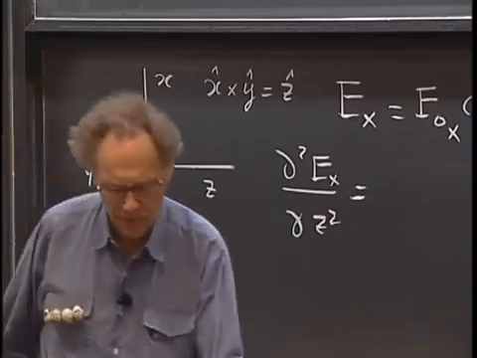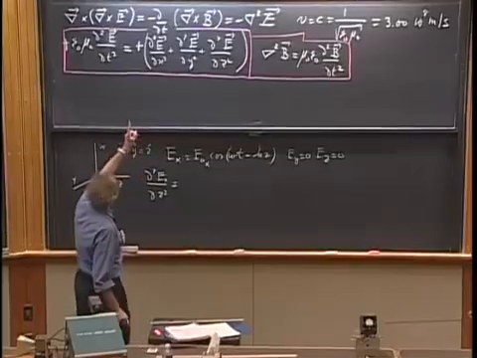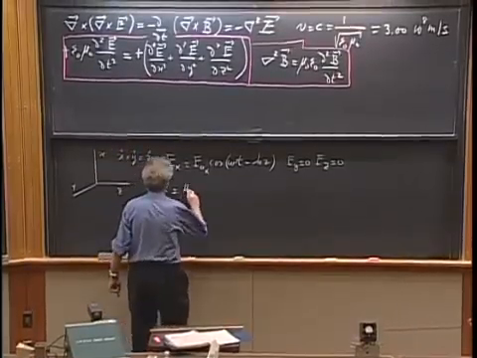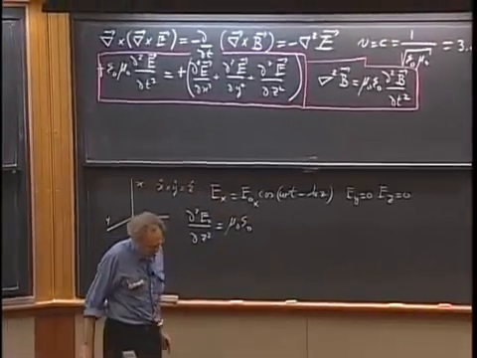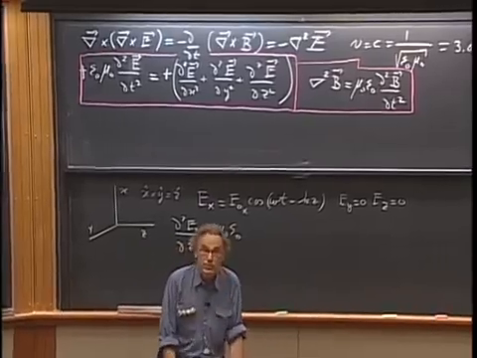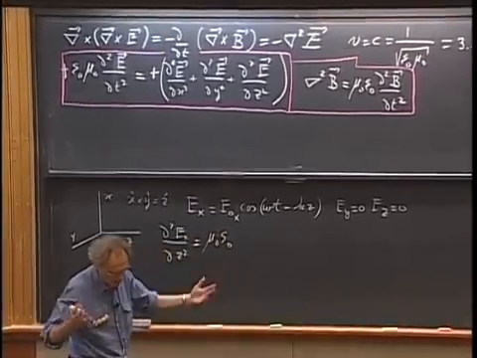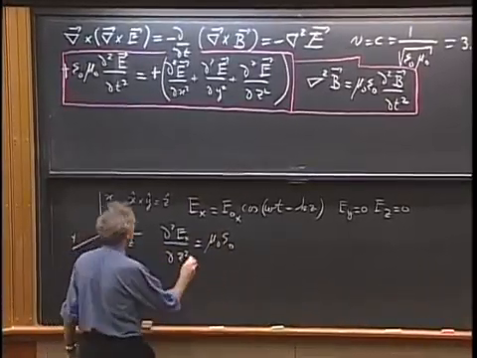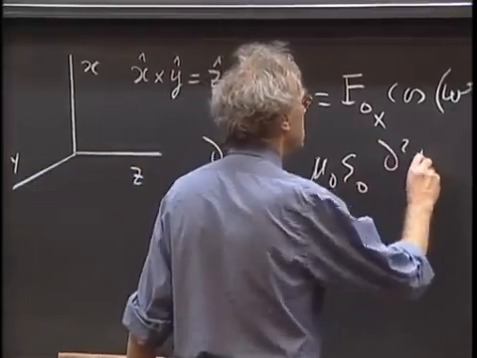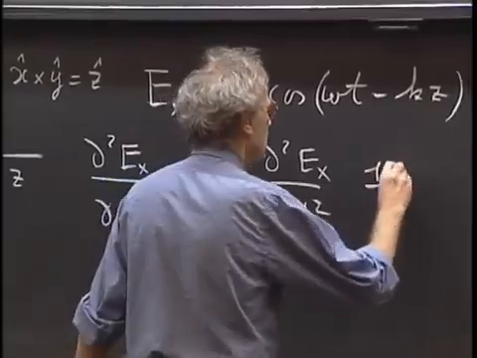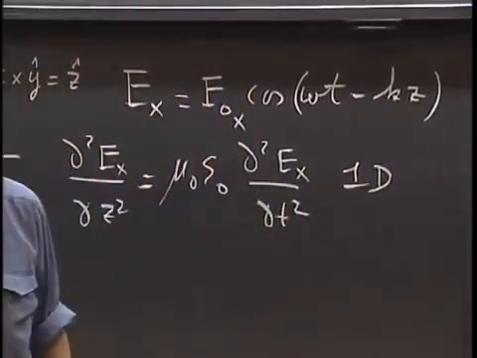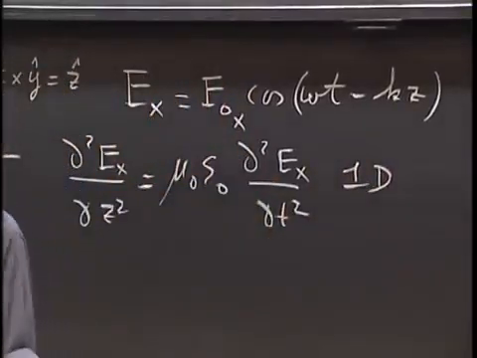And that then becomes mu 0 times epsilon 0. And when you take the d2E dt squared, only one term survives, because there is no EY, there is no EZ, and so this now becomes d2Ex dt squared. So this is now a one-dimensional wave equation. I started easy.